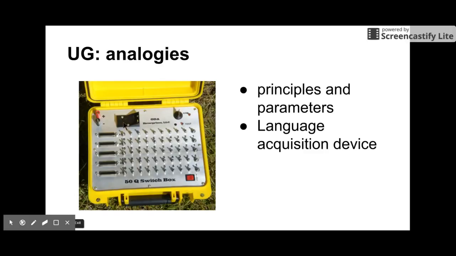We have a lot of switches inside this box, so that we have different combinations. For example, we have on for this one and off for this one, on, off. For one combination, we will have one language. If we have another combination, then we will get another one.